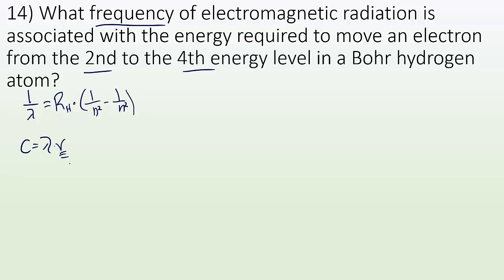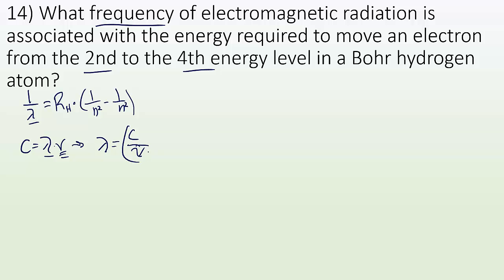If I'm trying to get frequency, I'll rearrange to get wavelength on one side so I can substitute it in. Lambda equals c over the frequency.